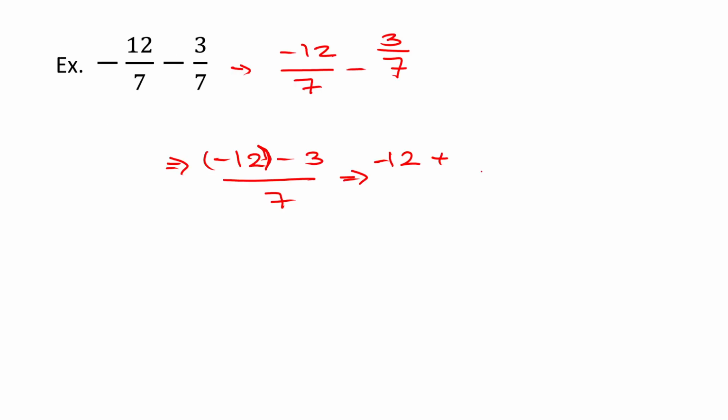So what's the opposite of positive 3? Negative 3. So now you're going to have negative 12 plus negative 3 all over 7, and then addition rule, they have the same sign, so you add. So 12 plus 3 is 15. Keep the same sign, negative 15 all over 7.